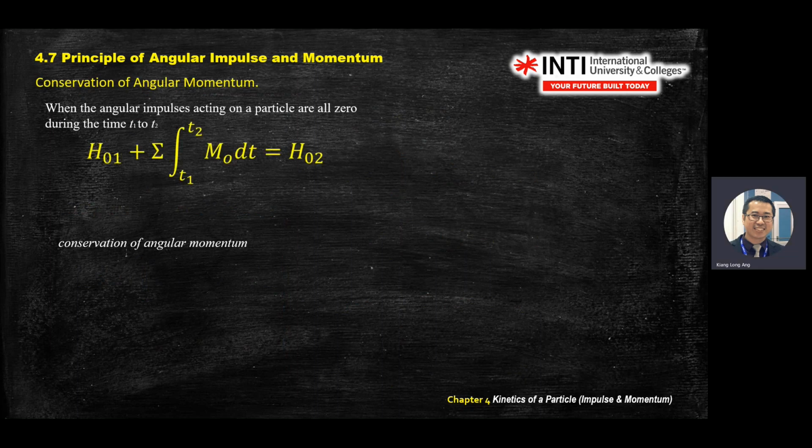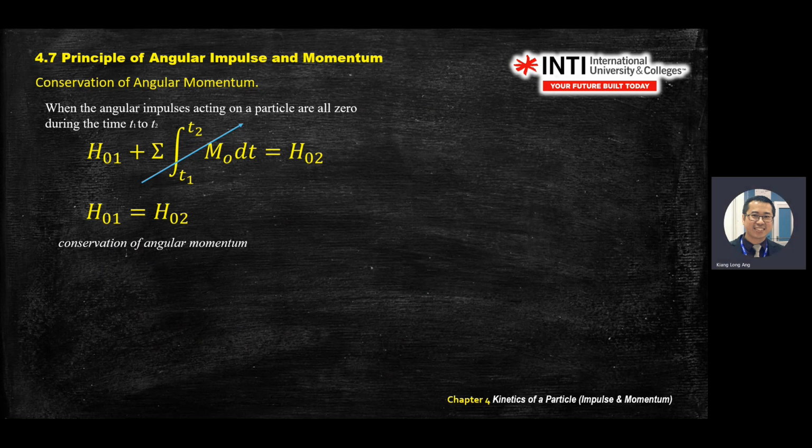So all the principles will come with a pair of conservation. Okay, come with a conservation. So here, if conservation of angular momentum applies, the impulse is gone, because impulse is what happened in between, right? Conservation, we only look at what happened before and after angular momentum.